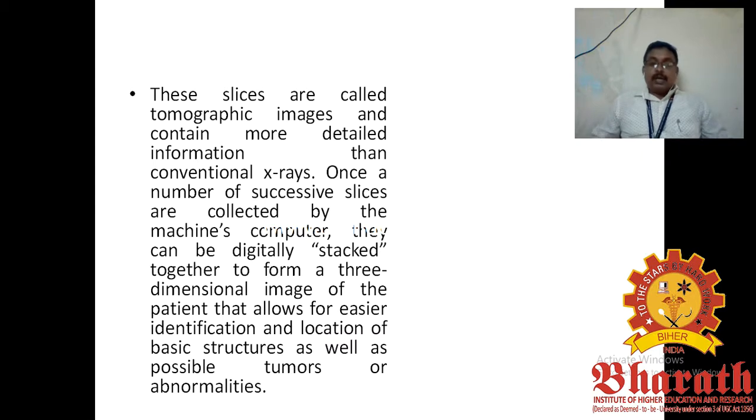That is why modern imaging moves to the next step from X-ray to CT scan. Once a number of successive slices are collected by the machine's computer, they can be digitally stacked together to form a 3-dimensional image of the patient.